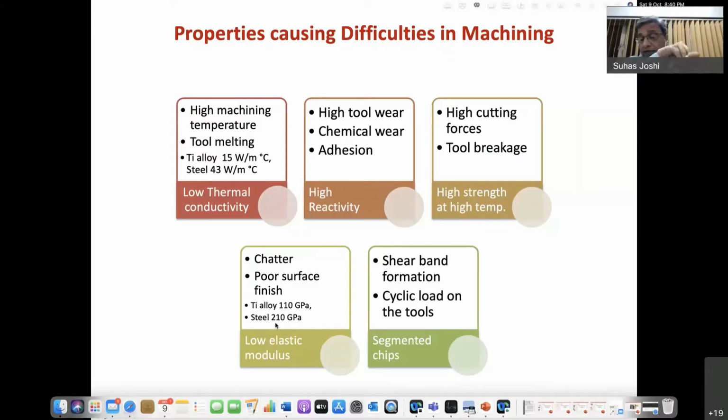The material which has already been cut springs back, and it grips the tap when you go deep inside the hole. When it grips the tap, you will not be able to remove it, and breakage of taps is a very common phenomenon. It has other implications also, but this is one major phenomenon. Segmented chip formation also happens during this machining, and I will talk about it in a little more detail.